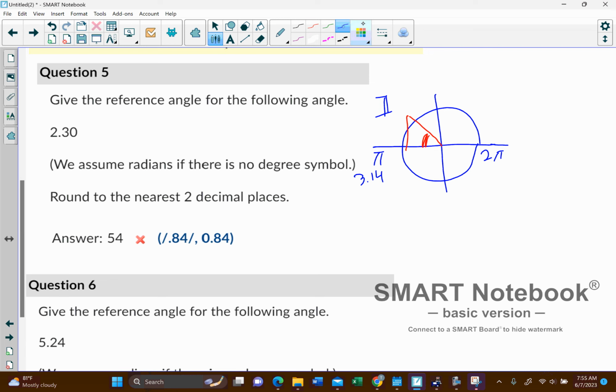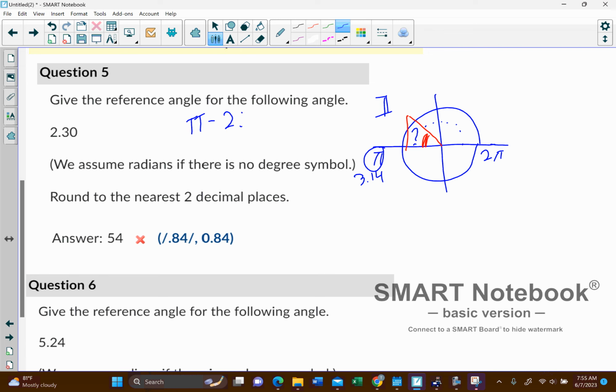Well, we know that a half rotation is pi, right? A half a rotation is pi. So really, we just need to subtract off this part right here, and that'll tell us what that angle size is. So pi is a half rotation, and then we're going to subtract off how much the terminal side rotated.